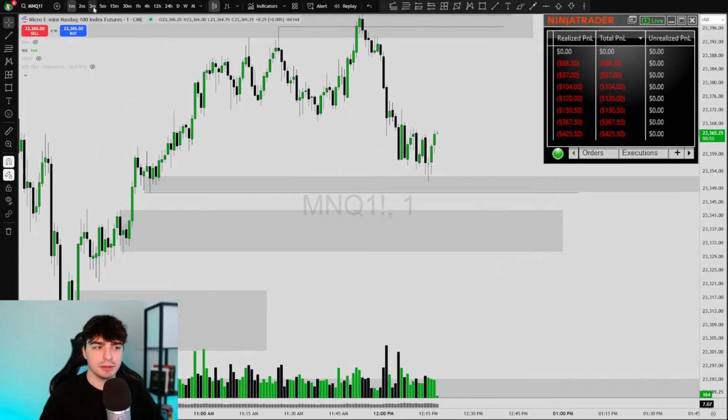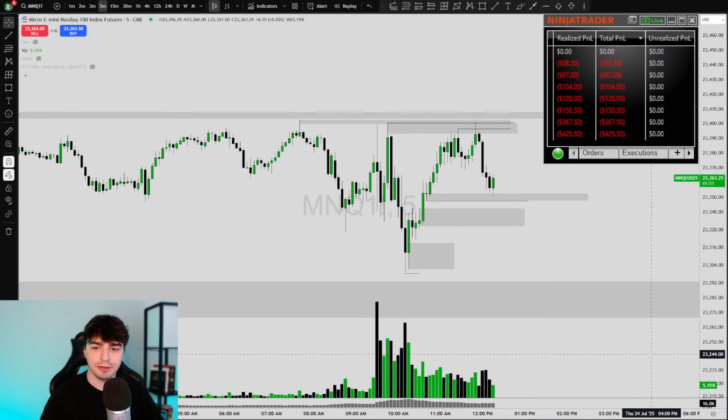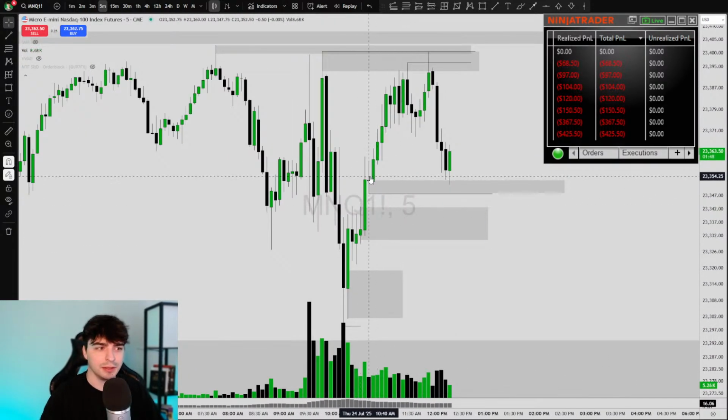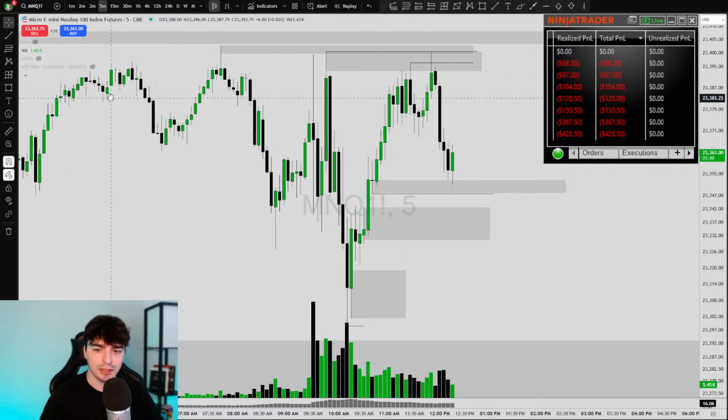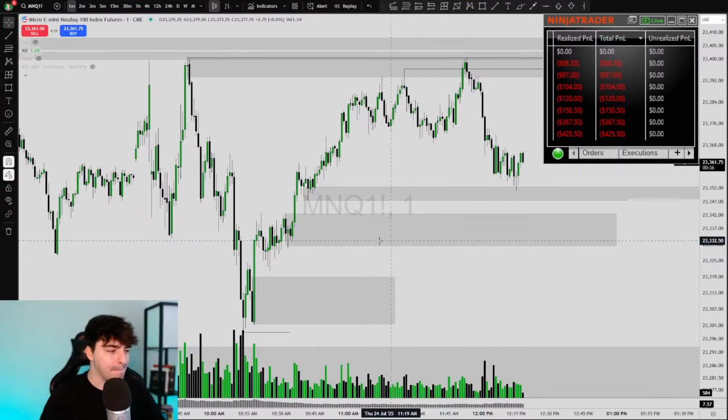Well, looks like I completely missed this area here. I'm not sure if the indicator missed that or what. That's the problem with indicators, is you rely on them. I think I was just looking at indicator levels.